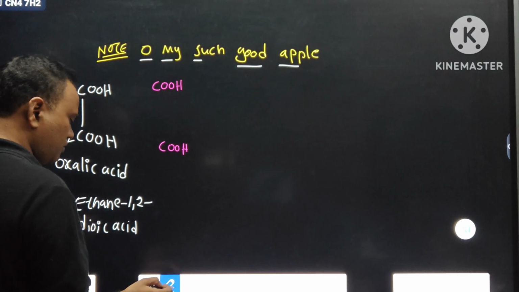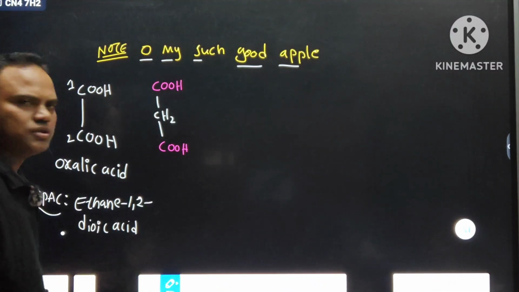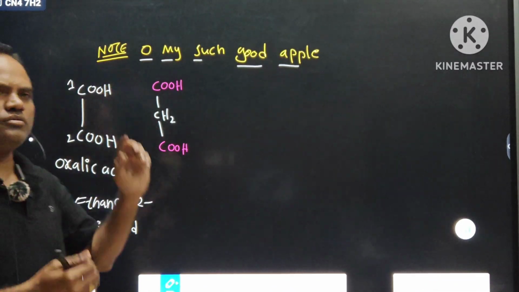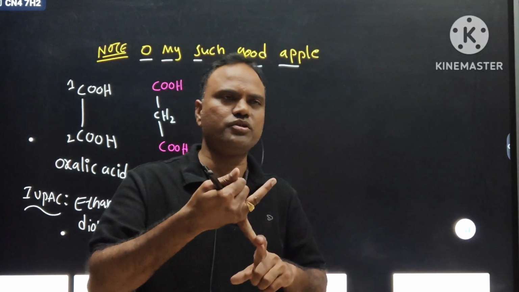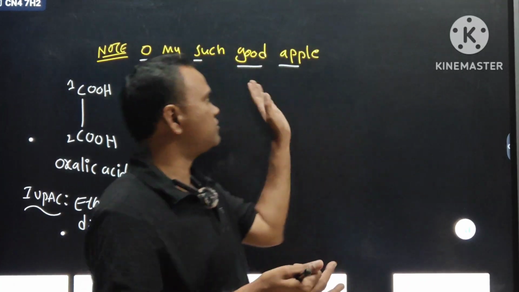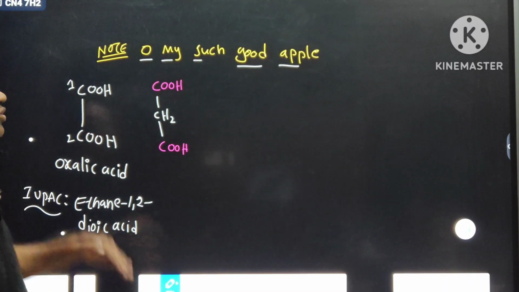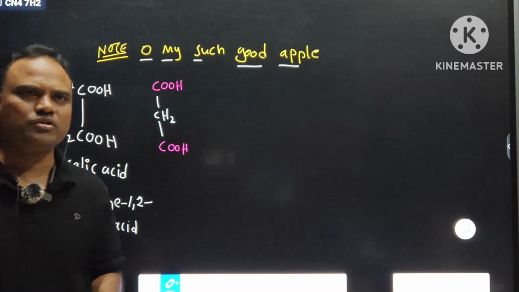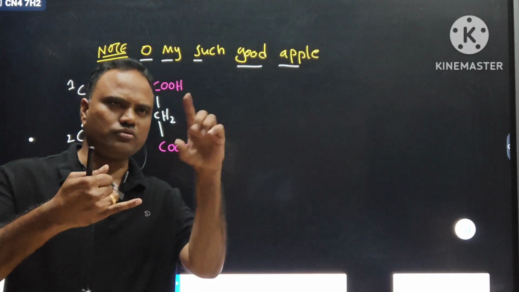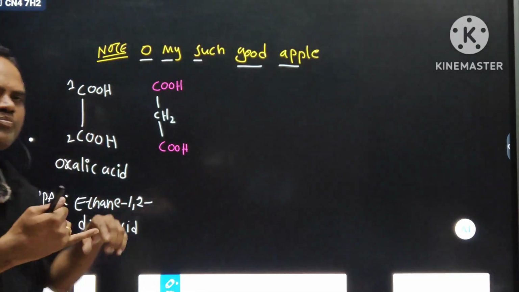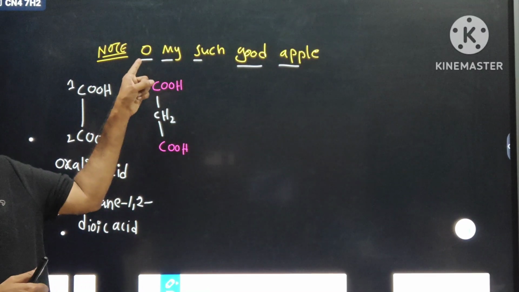COOH, in the middle CH2, COOH. In Oh my such good apple, the number of CH2 groups increases: 0 CH2, 1 CH2, 2 CH2, 3 CH2, between COOH and COOH. O means zero CH2 groups. Next, one CH2. So the letter is M.